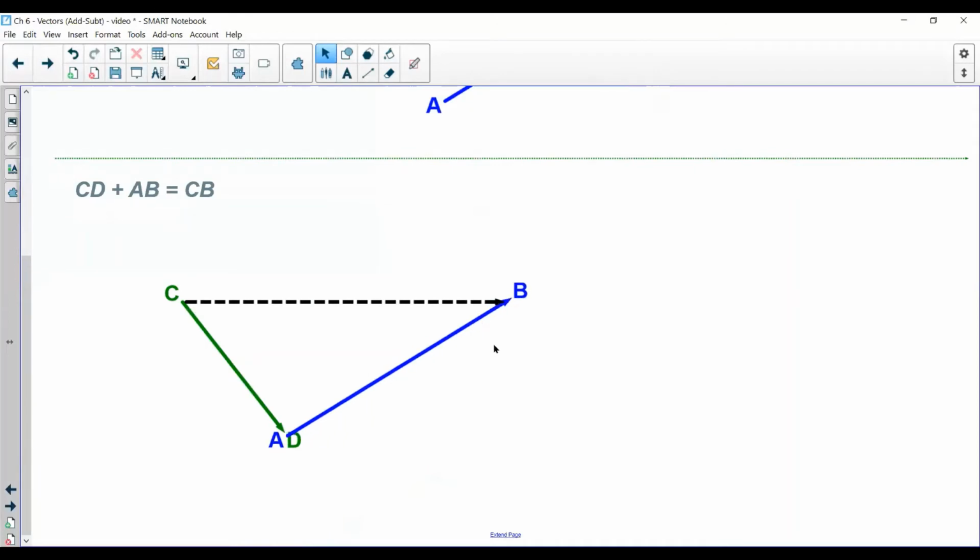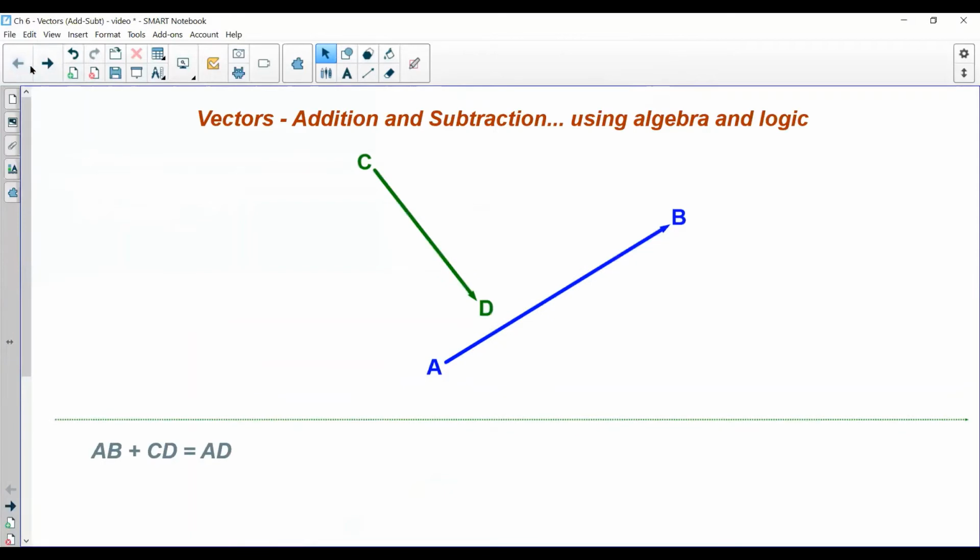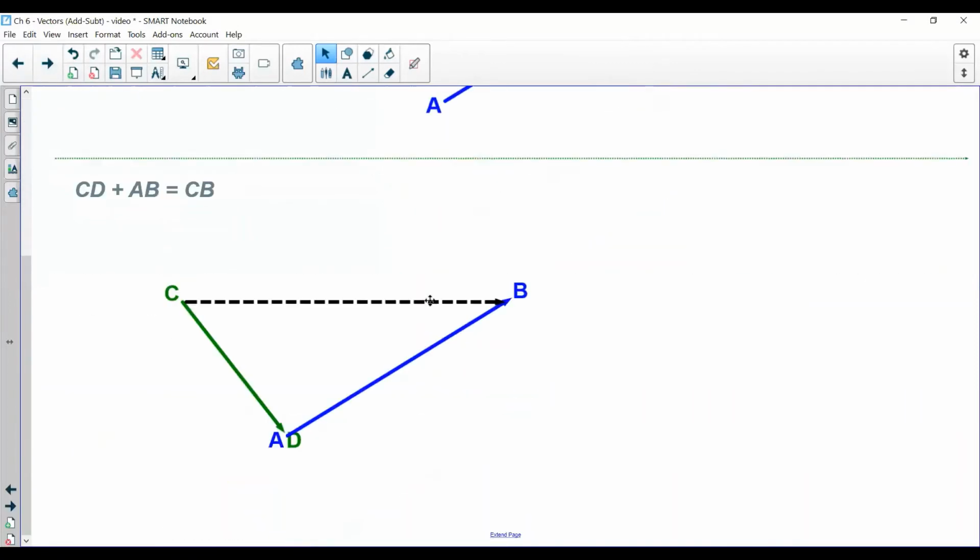So there's a parallelogram law that shows the equivalence of these types of movements. So the order that you add the vectors in, whether it's AB plus CD or CD plus AB, you get the same resulting vector.